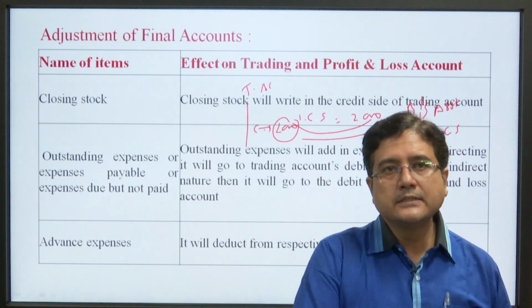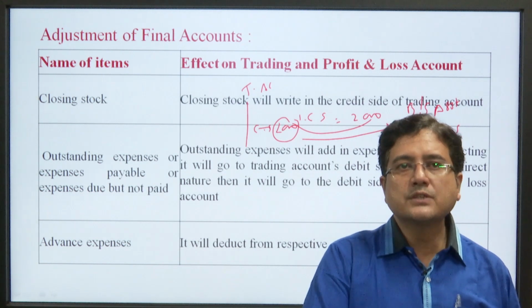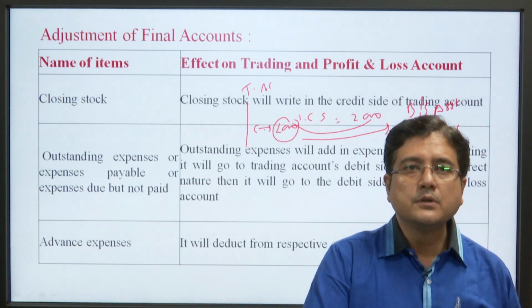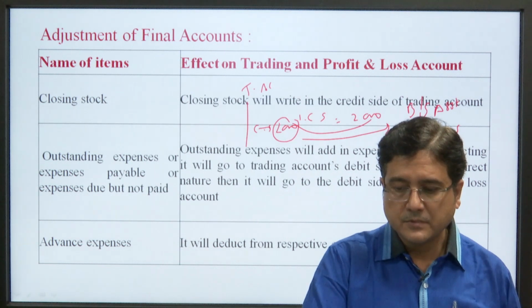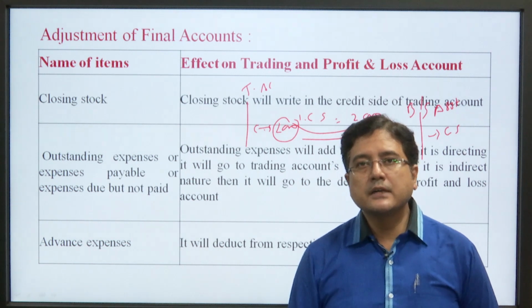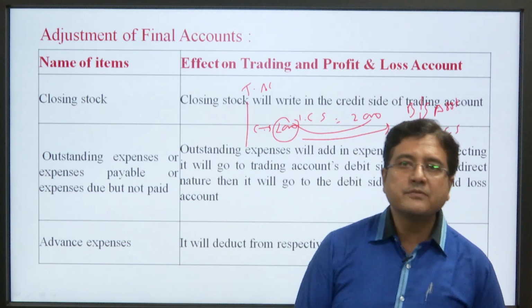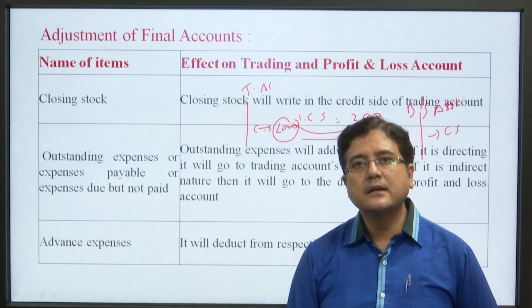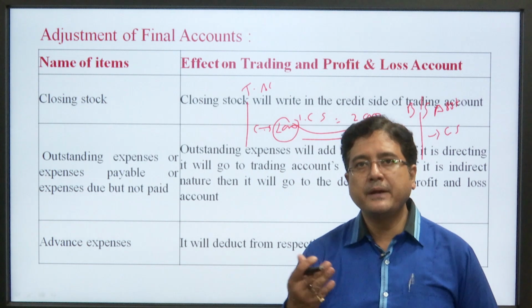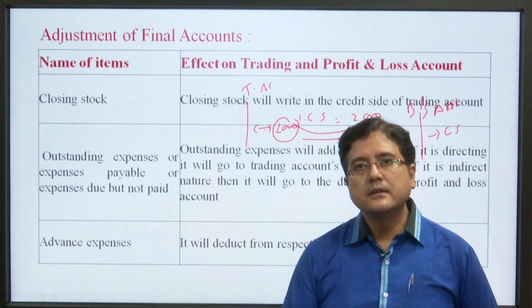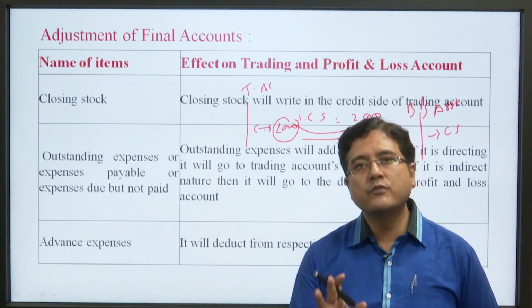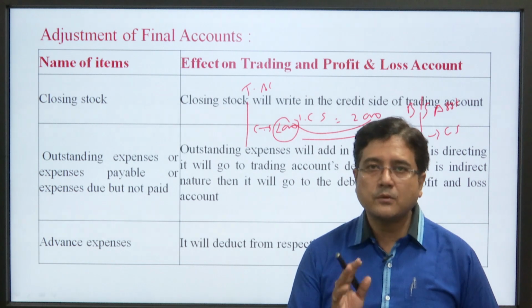The second adjustment commonly seen is outstanding expenses, or expenses payable, or expenses due but not paid. Outstanding expenses means the expenses which are due but we have not paid, like outstanding salary, due but the company has not paid. In this case, outstanding expenses are added on the debit side of the trading or profit and loss account.